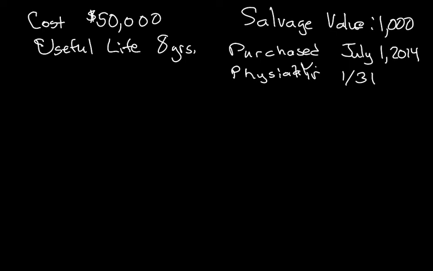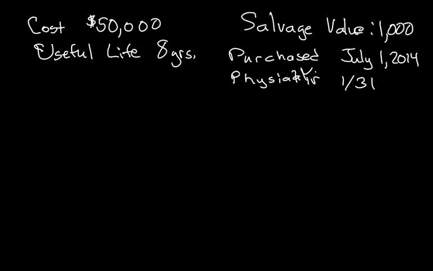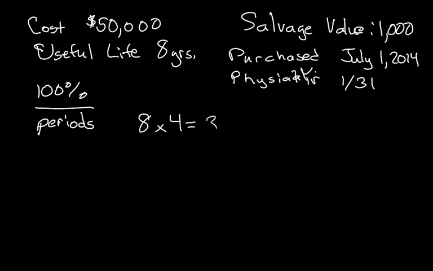Okay. So now with that information, how you find double declining depreciation, you're going to take 100% and divide it by the number of periods that you're going to have the asset. Now here we have an 8-year useful life, but we're going to do this quarterly. So we're looking at 32 periods.